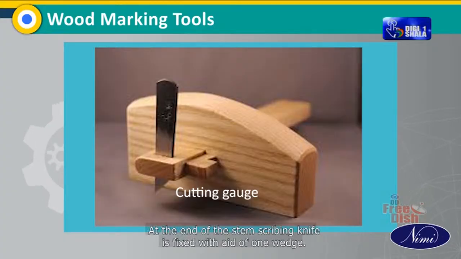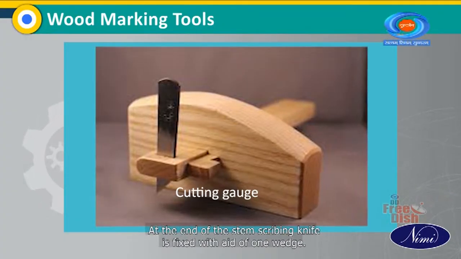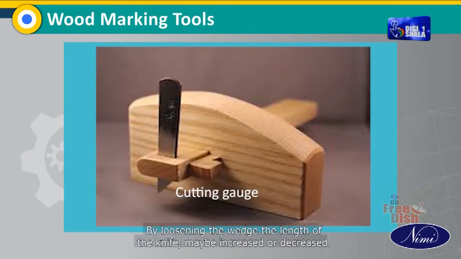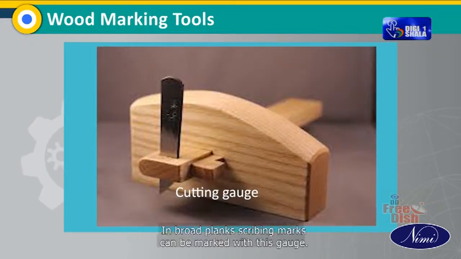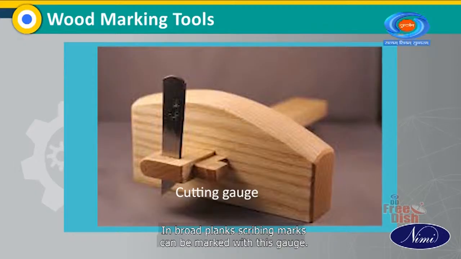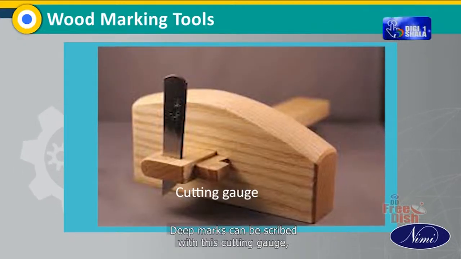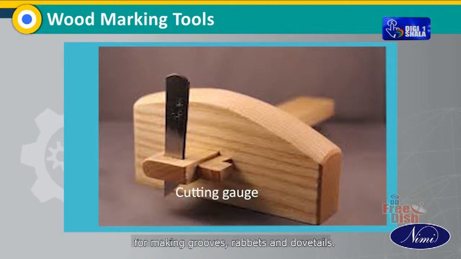Cutting gauge. At the end of the stem, a scribing knife is fixed with the aid of one wedge. By loosening the wedge, the length of the knife may be increased or decreased. In broad planks, scribing marks can be made with this gauge. Deep marks can be scribed with this cutting gauge for making grooves, rivets and dovetails.